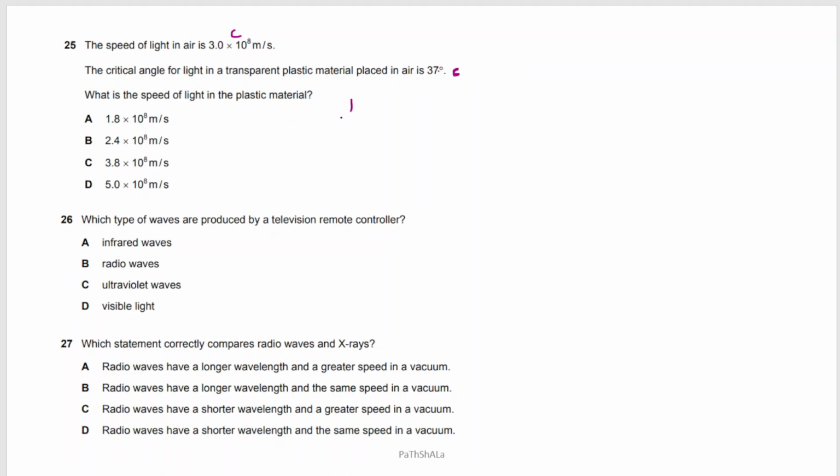So we know the relation between critical angle and refractive index, which is 1 upon sine c is equal to n. And we also know n can be calculated as c upon v, where c is the speed of light and v is the speed of light in the plastic material.